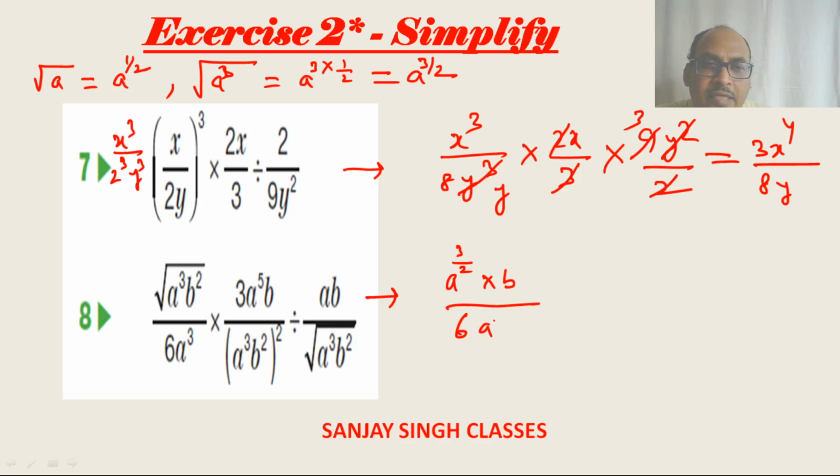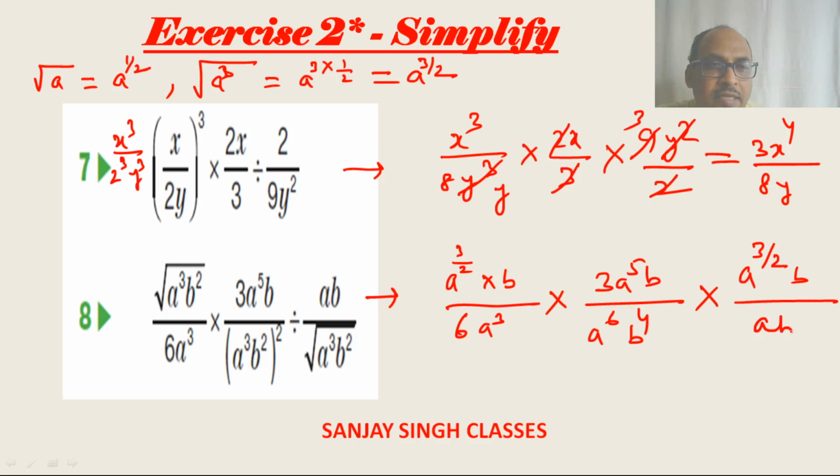Similarly, 6a cube into 3a to the power 5b divided by, here square is there, so it has become a to the power 3 into 2, so it is 6, and b to the power 4 into, then it has come a to the power 3 by 2, again b came out, and ab. Right? Okay. Further it needs to be solved.